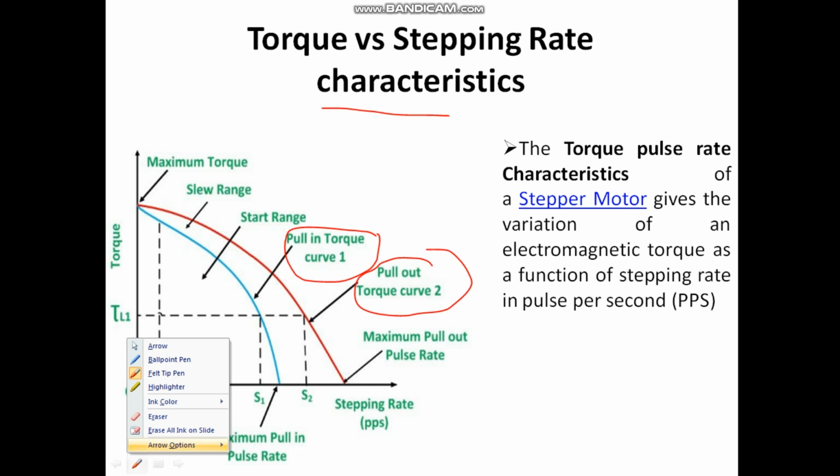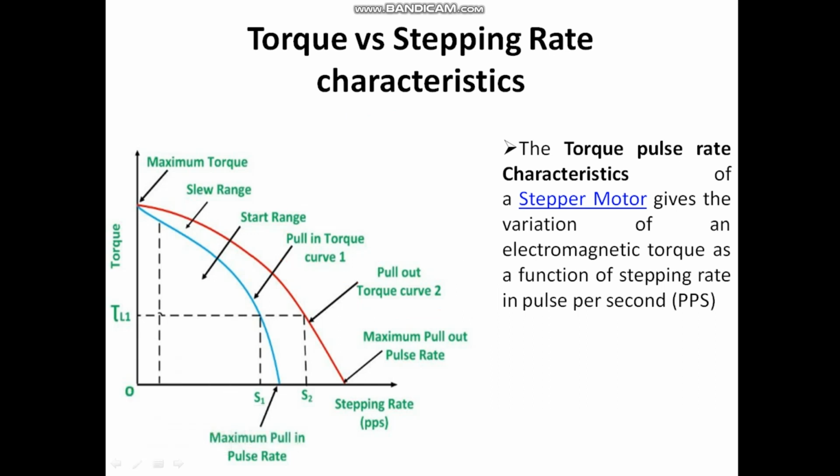When we start the motor for any load torque TL, the step rate can be less than S1. S1 can be increased up till S2 for the load TL1 only.